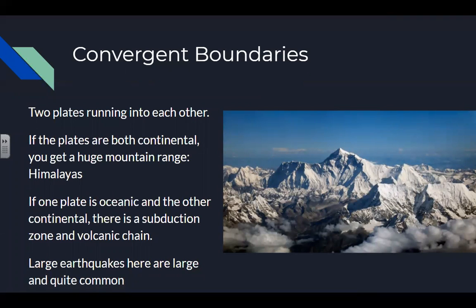So the two plates running into each other, they crumple, and they make these mountain ranges, when two continental plates run into each other. And remember that when a continental plate runs into an oceanic plate, it's different. But really, I just want you to understand the convergent boundaries, right?